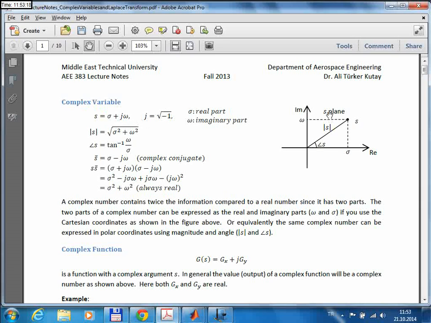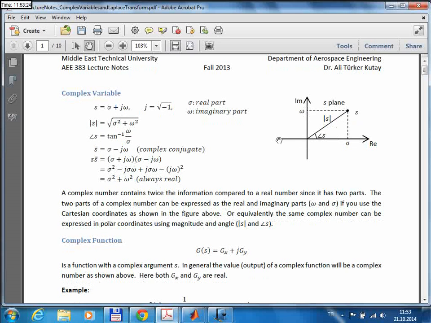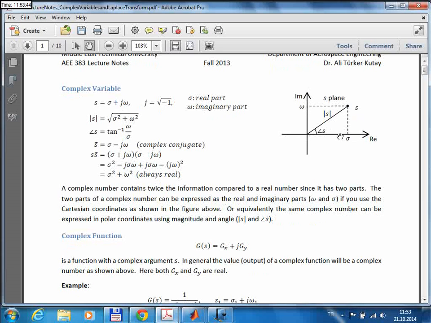In fact, we use this complex plane representation a lot. In a complex plane, the horizontal axis is chosen as the real axis, and the vertical axis is the imaginary axis. If you have a complex number like 3 plus 5j, then you can show it on a complex plane by marking the real and imaginary components.